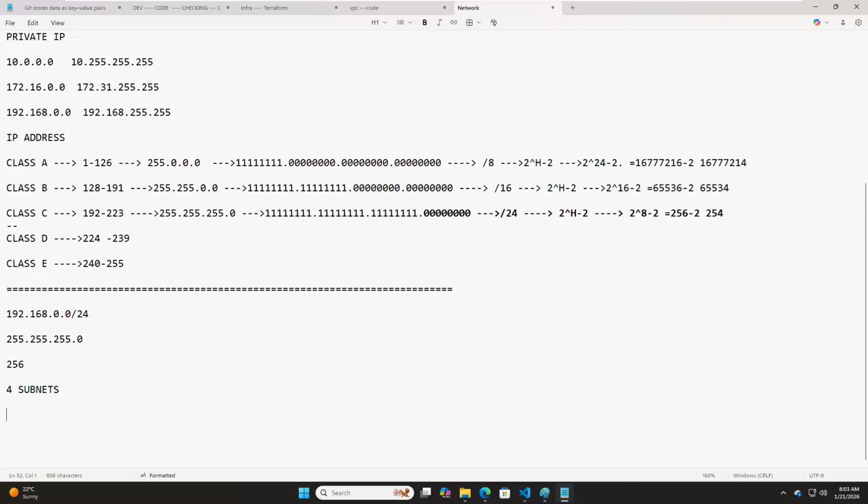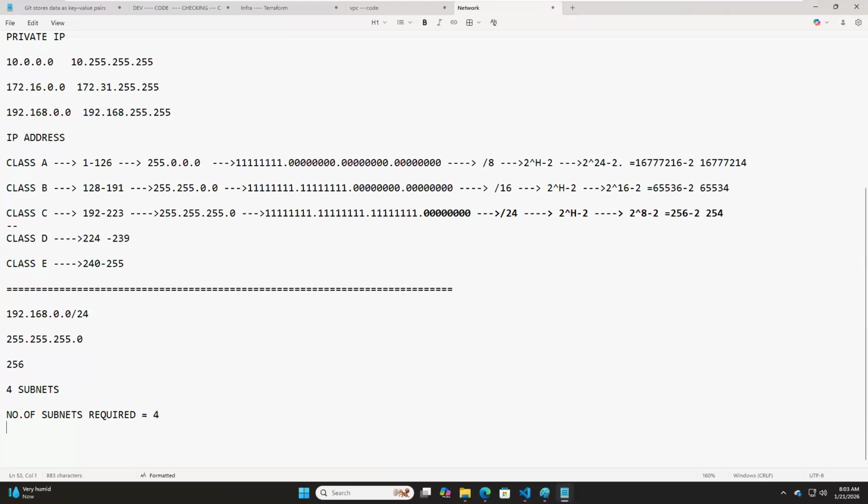So first of all, let us see the requirements. The requirement is that he is asking me to divide the very big network into 4 subnets. Number of subnets required is equal to 4.